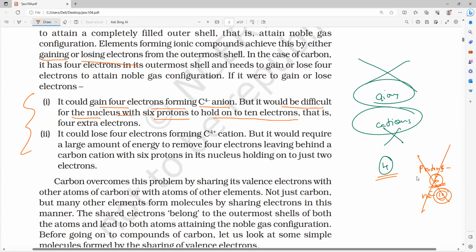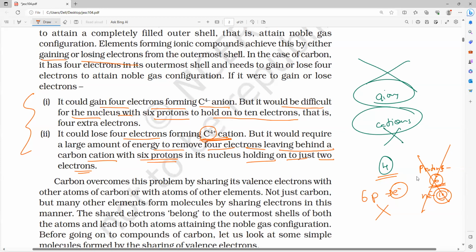Next, as it is very small in size, electrons are held very tightly. Why can't it lose the 4 electrons to become a C4 plus cation? Because it would require a very large amount of energy to remove the 4 electrons, leaving behind a carbon cation with 6 protons and its nucleus holding just 2 electrons. That is why extremely high energy is needed to remove these 4 electrons.